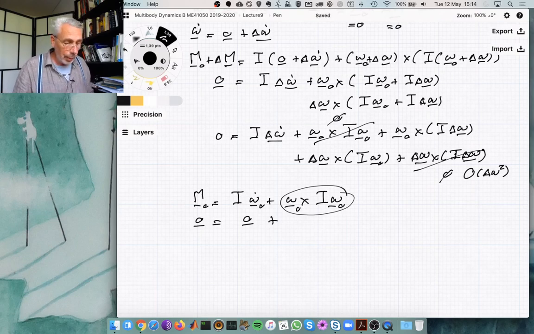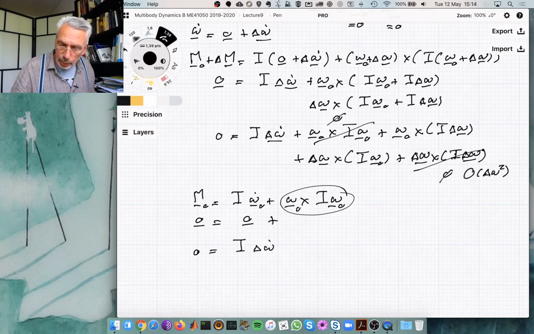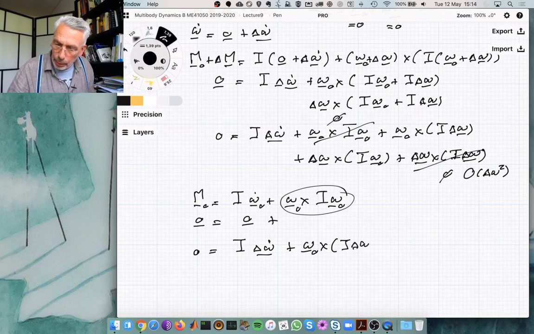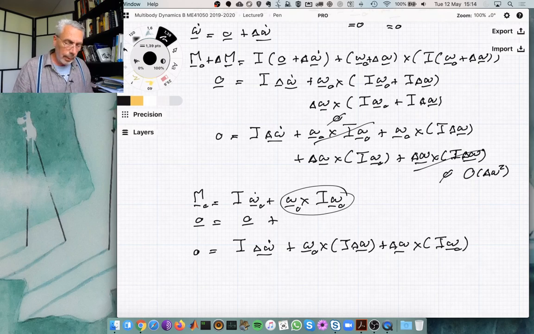And the remaining equation is, of course, 0 equals I delta omega dot plus, and then we have these 2 terms, we have omega 0 cross I delta omega, plus we have delta omega cross I omega 0. And that's all up to the first order in delta omega. So this is our equation.